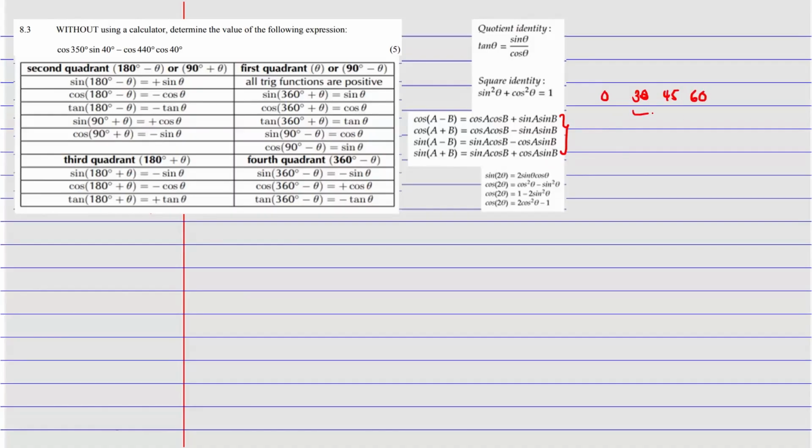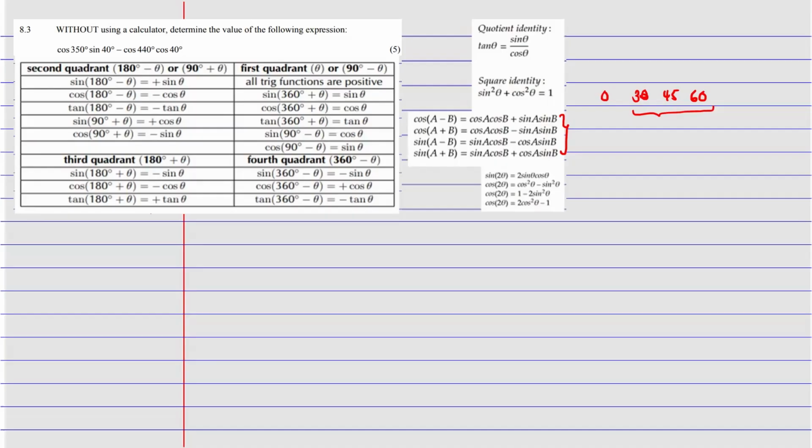Just know that these three are the important ones when we're dealing with special angles. The 0, the 90 and the 360 really don't matter, but what matters is your 30, 45, and 60. So when we reduce it, we need to see either 30, 45, or 60, so that we can simplify it fully. Does it make sense?